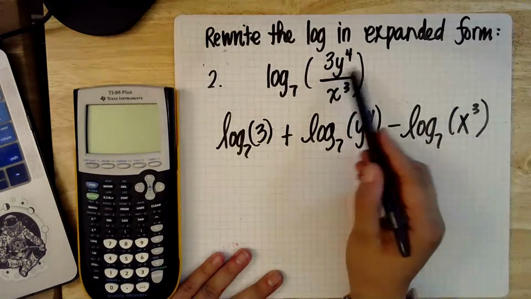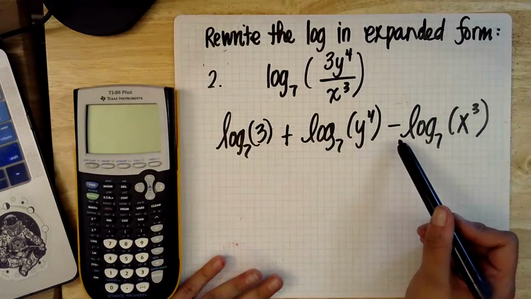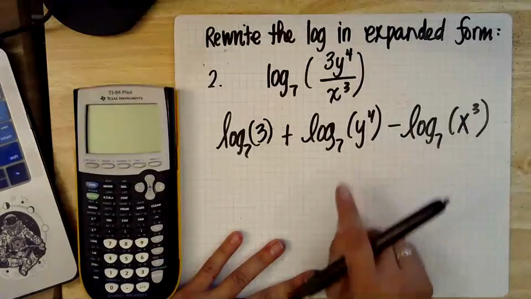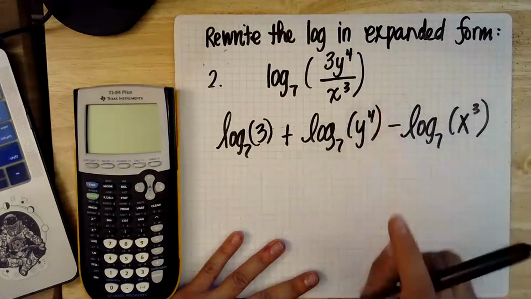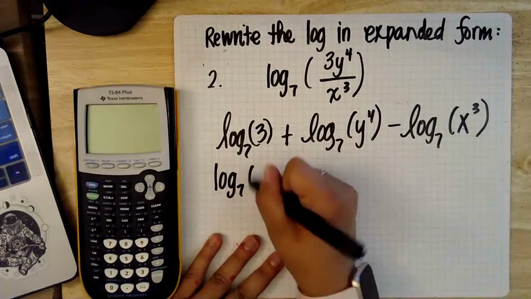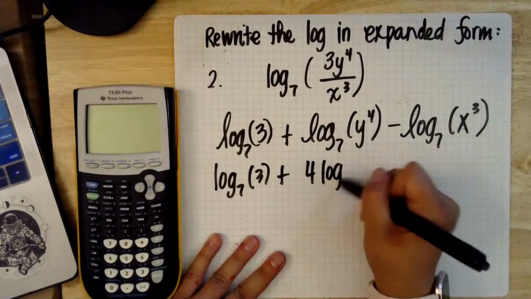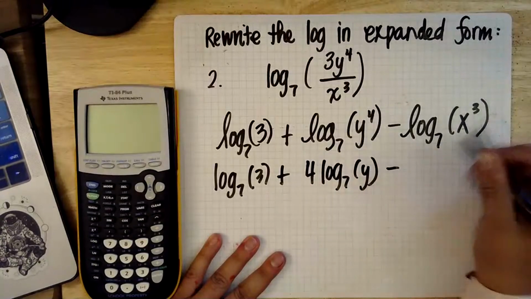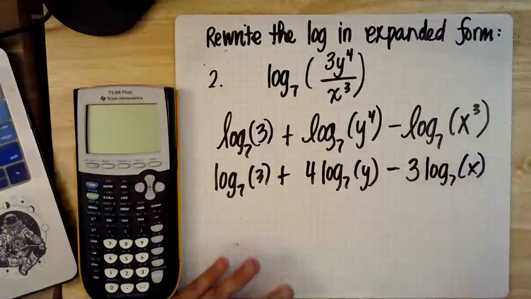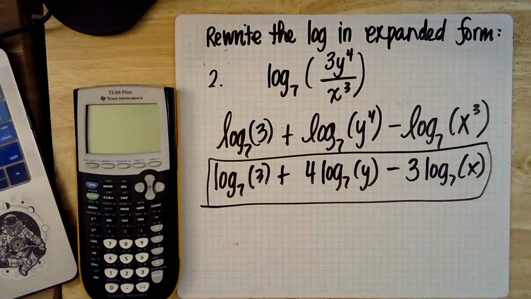Because, again, the products become sums, and the divisions become a difference. So now I still need to turn the higher power into a coefficient. So this will still need further simplification: log 7 of 3 plus 4 log 7 of y minus 3 log 7 of x. Okay, and so this right here is my expanded version of that.